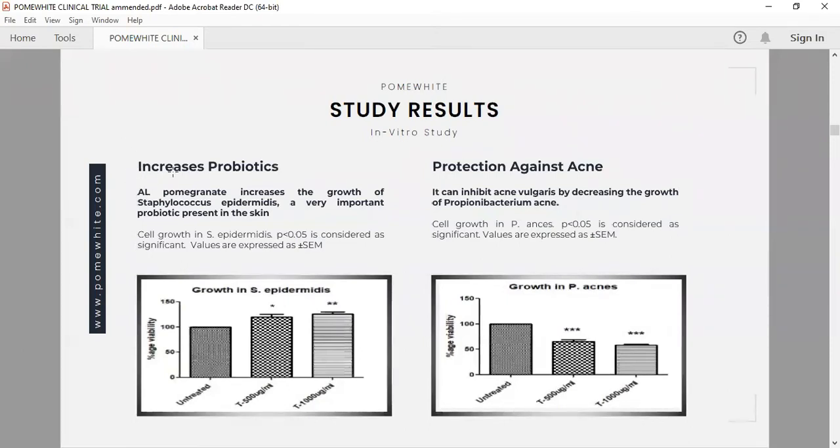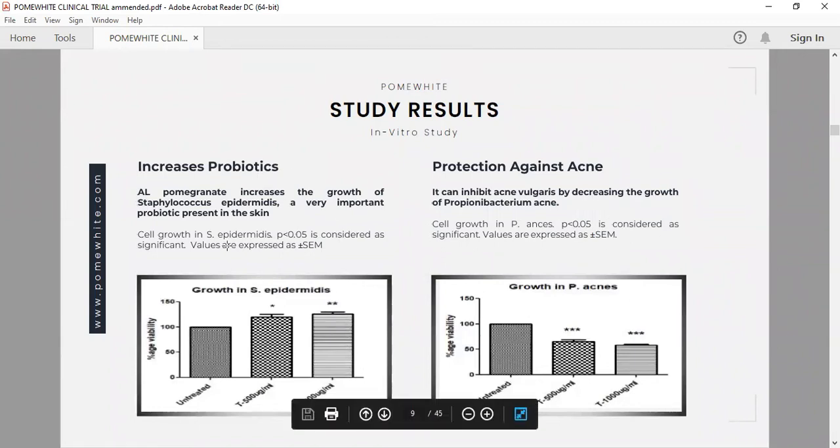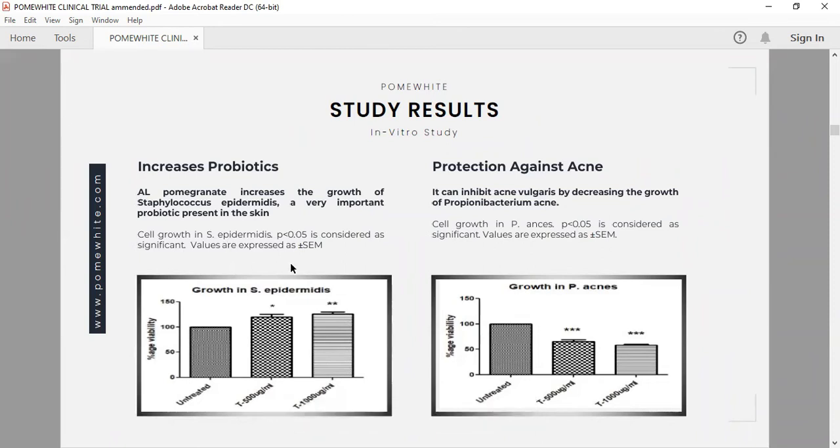So just to check whether it is going to increase the probiotic or not, we applied these two concentrations on a commensal of the skin known as Staphylococcus epidermidis, and the acne-causing bacteria known as Propionibacterium acnes, also known as P. acnes. So this S.